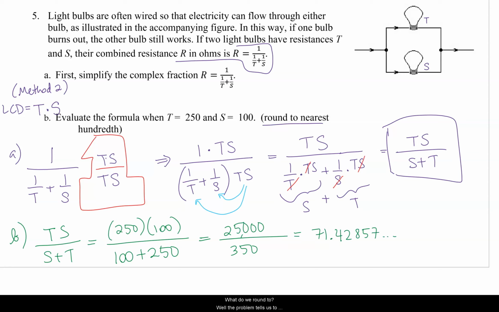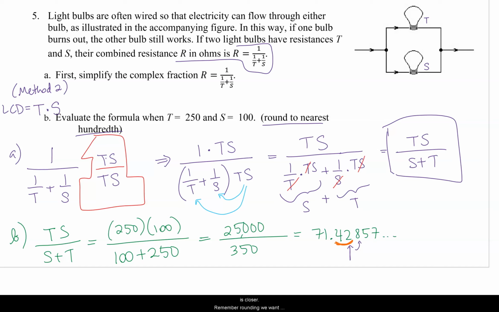Well, the problem tells us to round to the nearest hundredth. Hundredth has 2 zeros, so I need 2 decimal places in my answer. And a reminder about rounding, I want to round to the 2, so I look to the next place to the right. 8 is 5 or above, so this .4285 is closer to 0.43 than it is to 0.42, right? 8 is higher, so it is closer.